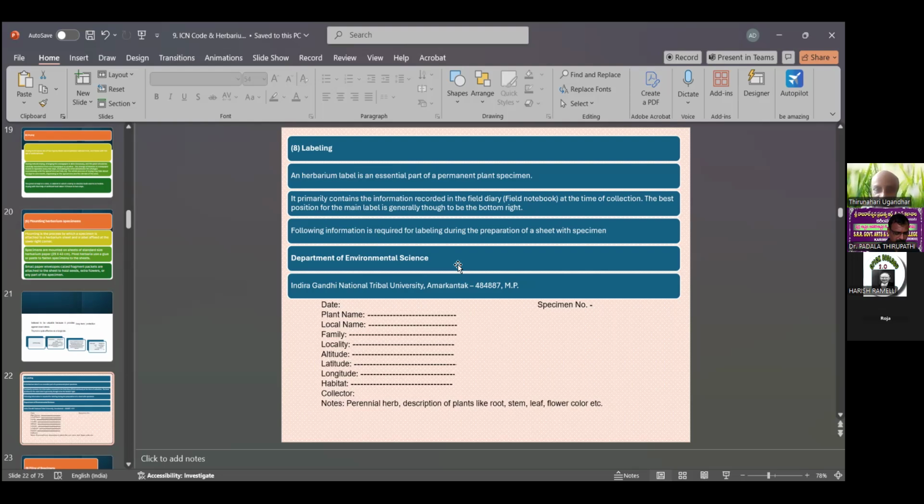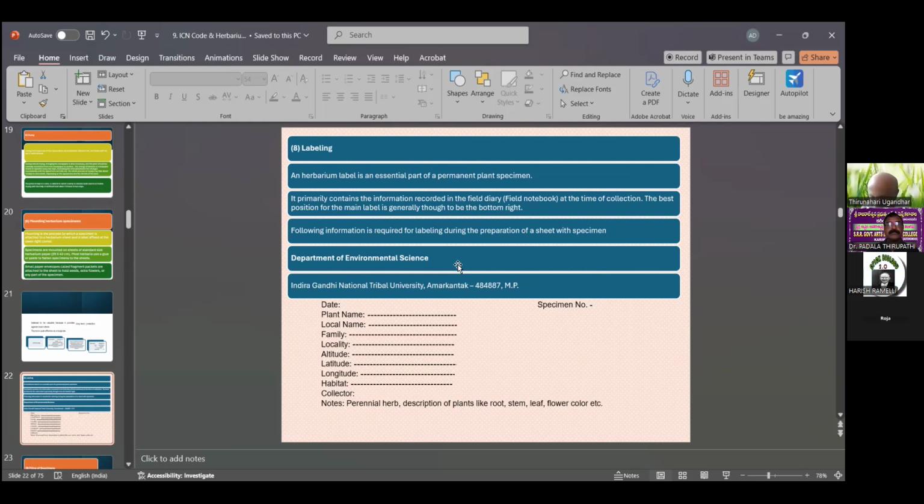The following information is required for labeling during the preparation of the sheet with the herbarium specimen: the Department of Environmental Sciences, for example Indira Gandhi National Tribal University, Amarkantak, Madhya Pradesh.